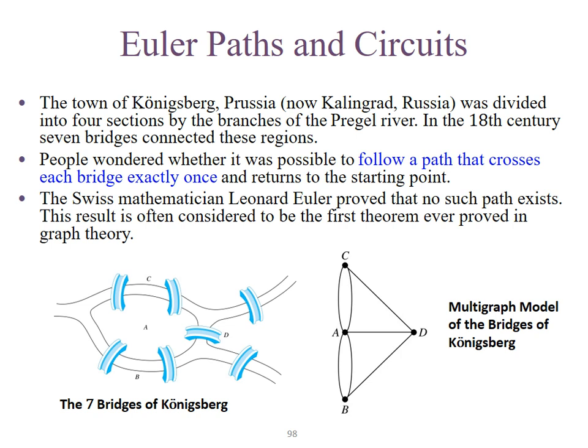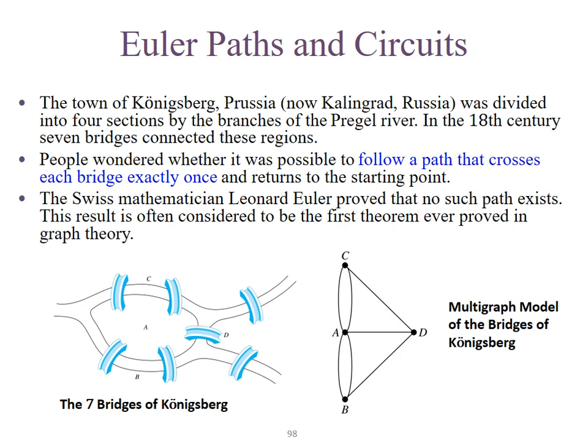For example, section A connects to section B by these two bridges, and to C by two bridges. So people started to ask one question: can we visit every section using these bridges just once?